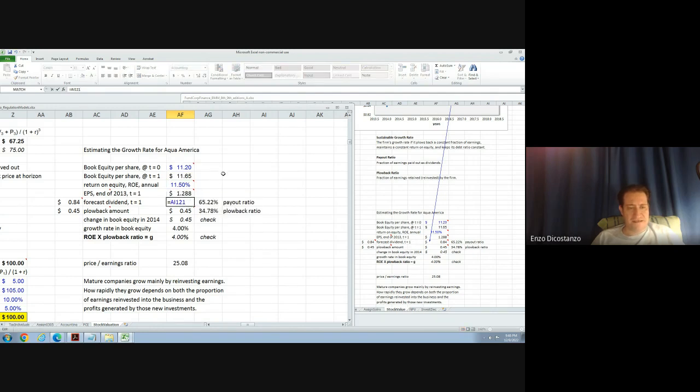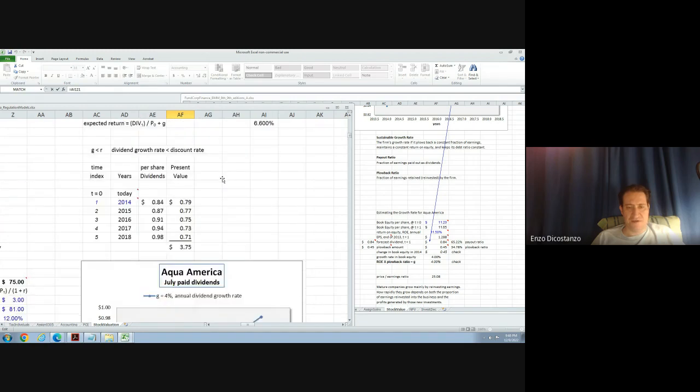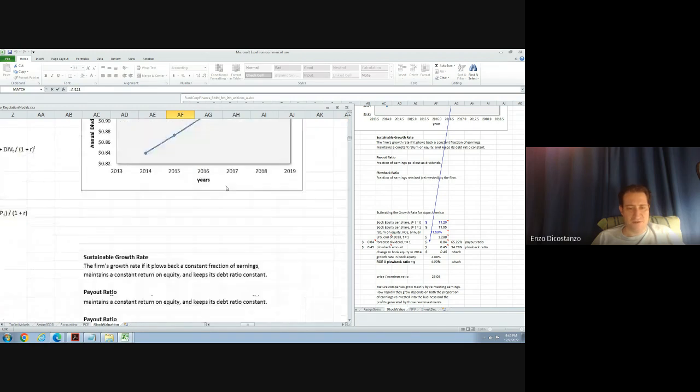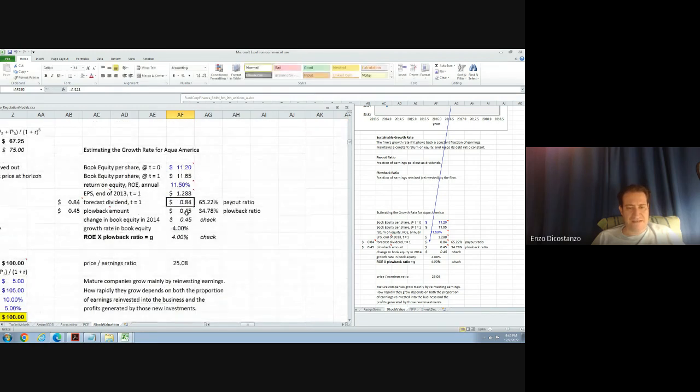This is your forecasted dividend from up here. You forecasted that dividend in the previous problem. And obviously, if it's 84 cents, what's left is 45. Then you can create these ratios out of the 84 and the 45 cents over the $1.29. And a check: the change in book is the payout times the ROE times the initial equity number.